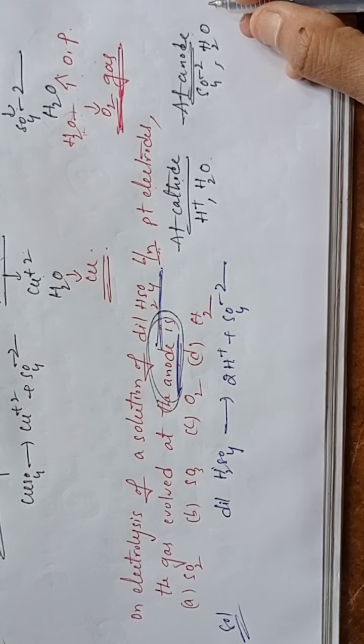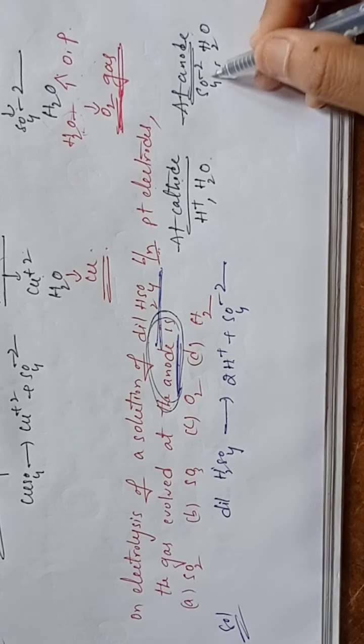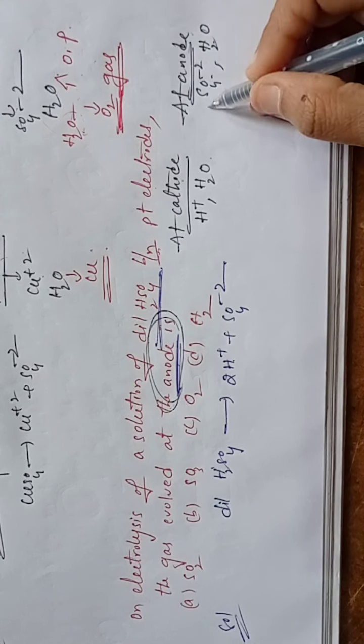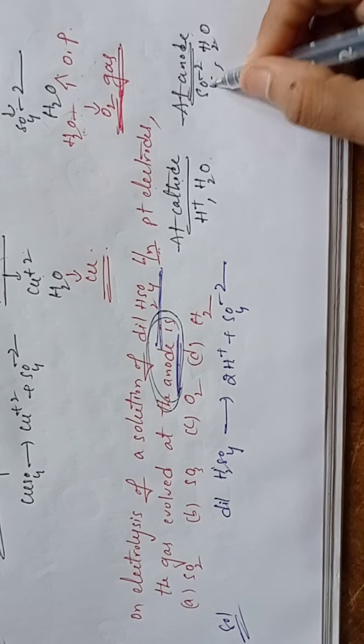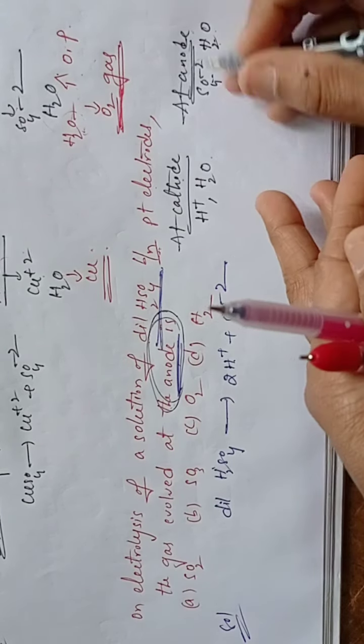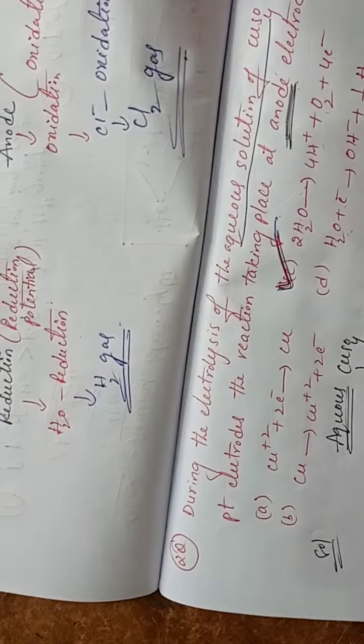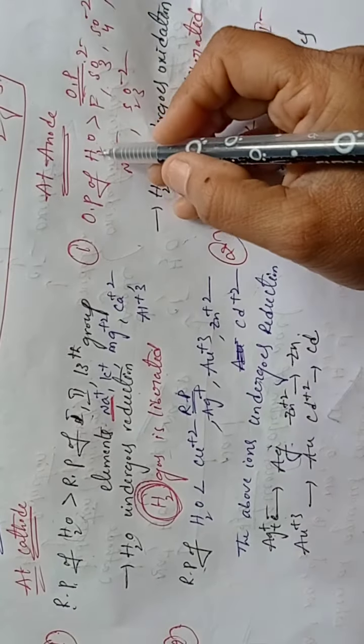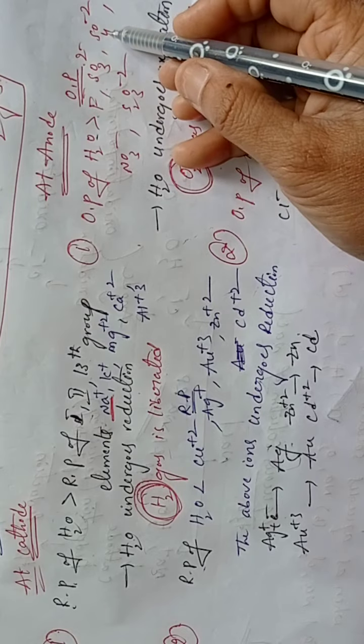Oxidation potential you have to see: oxidation potential of sulfate ion and water. Which one is more? Water oxidation potential is more, correct or not? Because I discussed in the trick, oxidation potential of water is more than sulfate ion, correct?